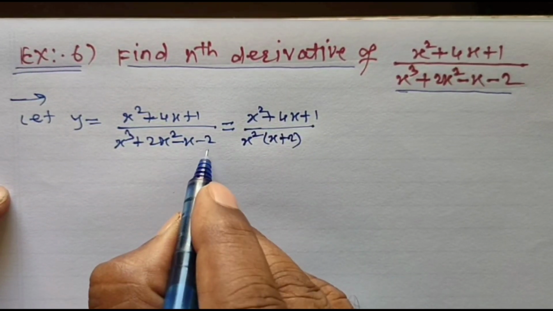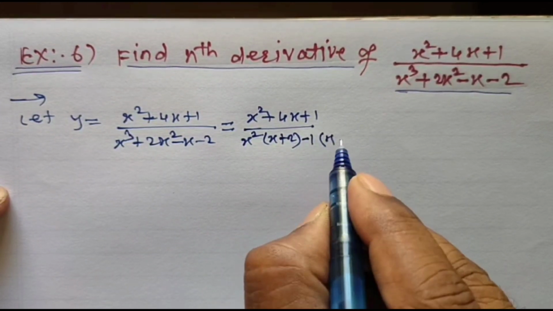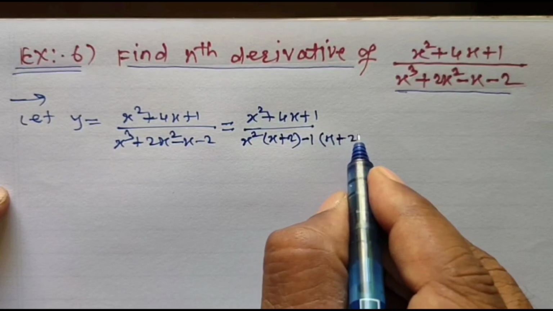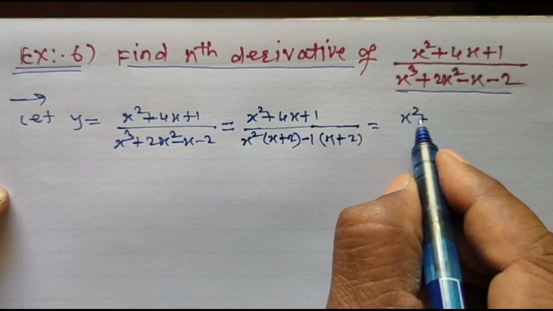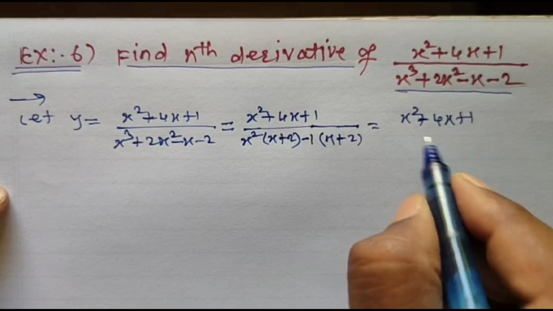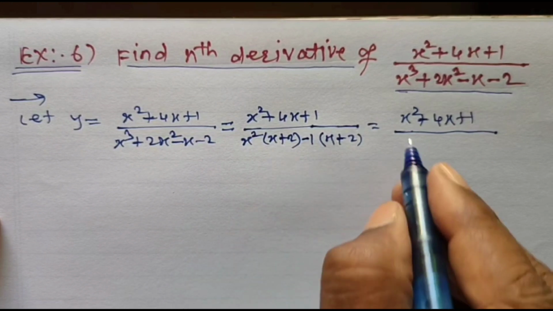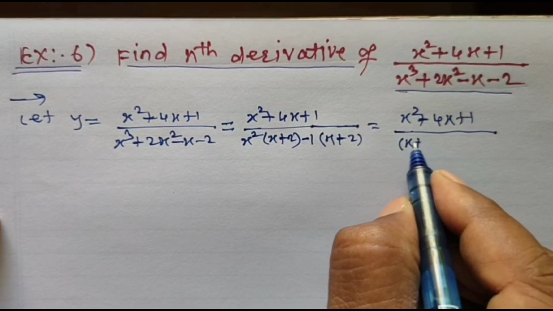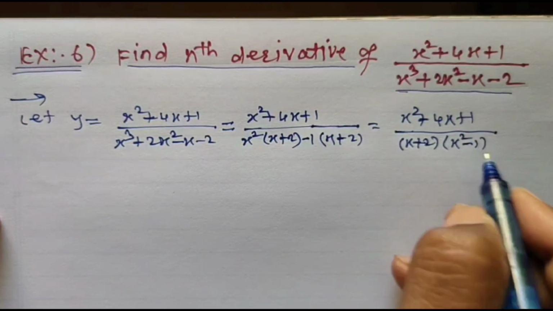Now from these two terms we can take minus 1 common, minus 1 into (x plus 2). Okay, this can be written as (x square plus 4x plus 1) divided by (x square minus 1) into (x plus 2), because the (x plus 2) bracket is taken common, and now in the bracket remains x square minus 1.